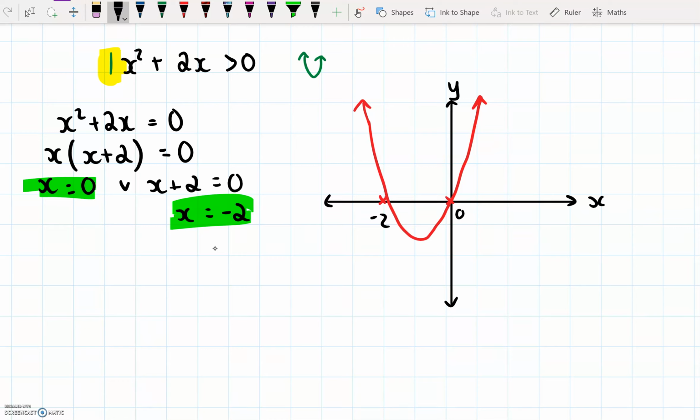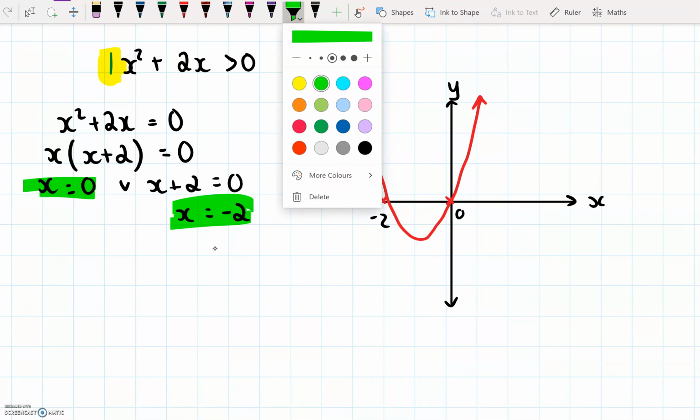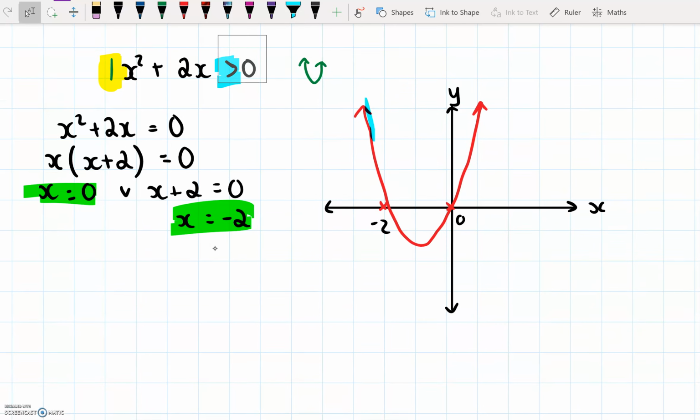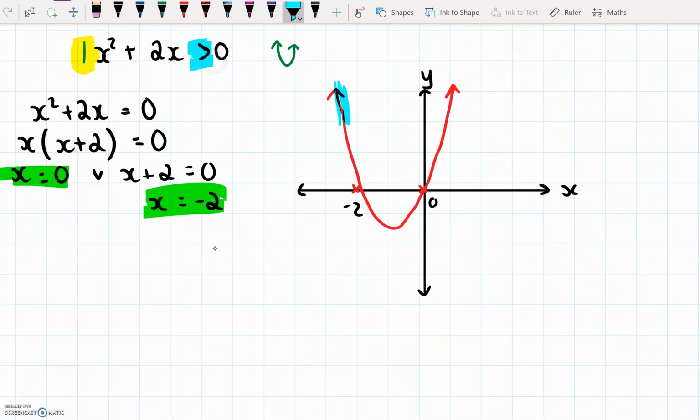Now we said we want to know where the parabola is greater than 0. So where is our parabola above the x-axis? In this case, it's above the x-axis out here and over here.